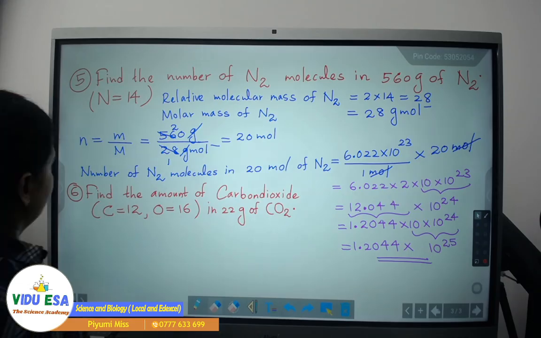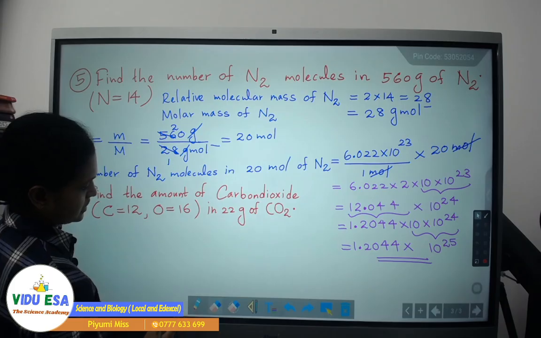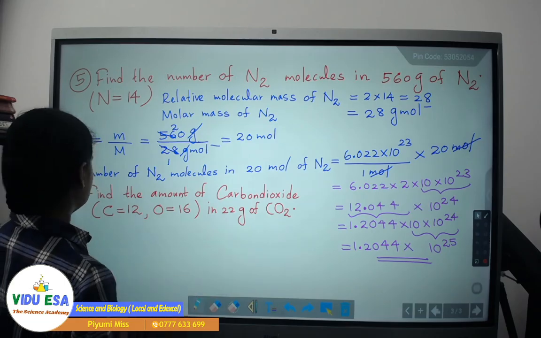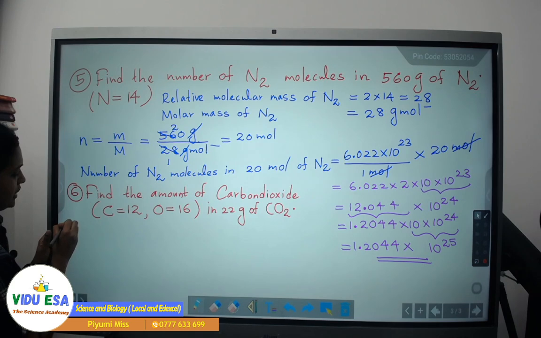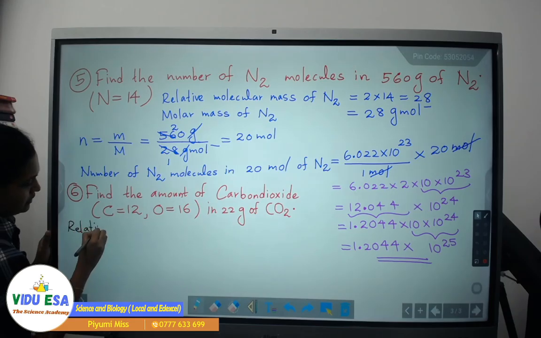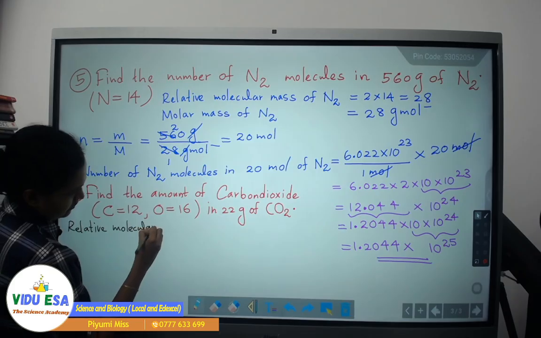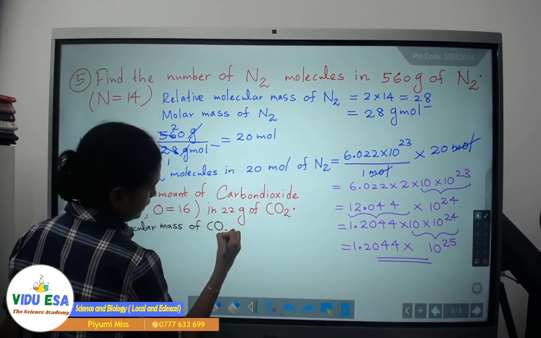Find the amount of carbon dioxide in 22 grams of carbon dioxide. Let's see if there's enough space here. We can find the relative molecular mass of carbon dioxide.